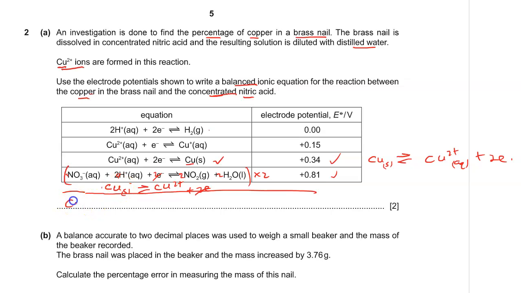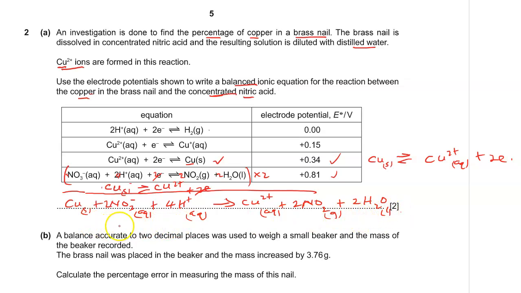So we will have copper solid plus 2 nitrate ions aqueous plus 4 hydrogen ions aqueous, and this should give us copper 2 ions aqueous plus 2 nitrogen dioxide plus 2 molecules of water.